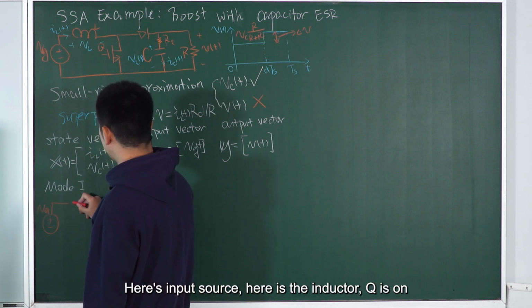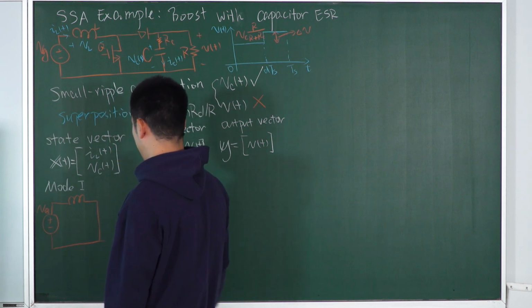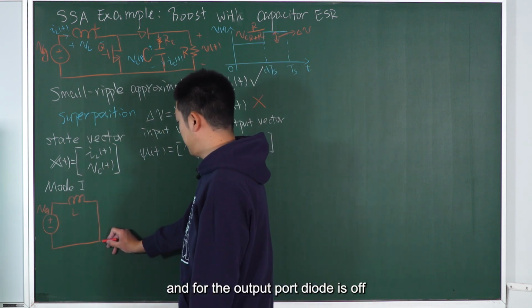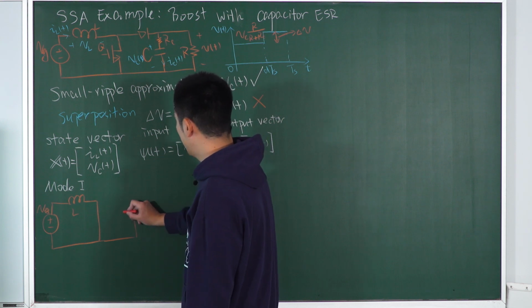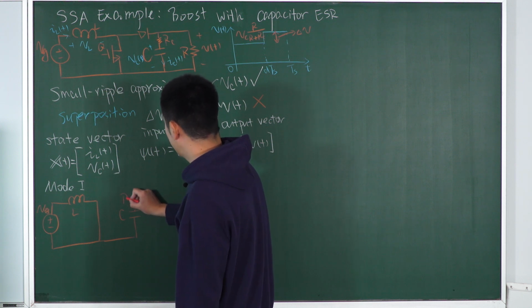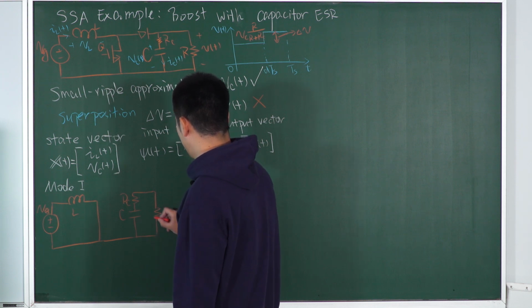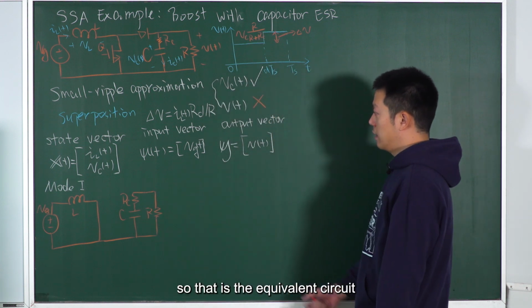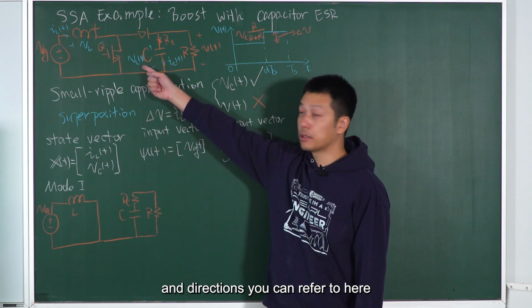Here is the input source, here is the inductor, Q is on. And for the output port, the diode is off, with RC and R. So that is the equivalent circuit. To save time, I no longer mark the polarities and directions. You can refer to here.